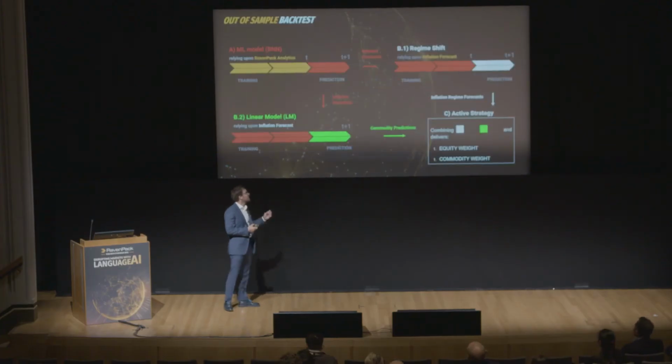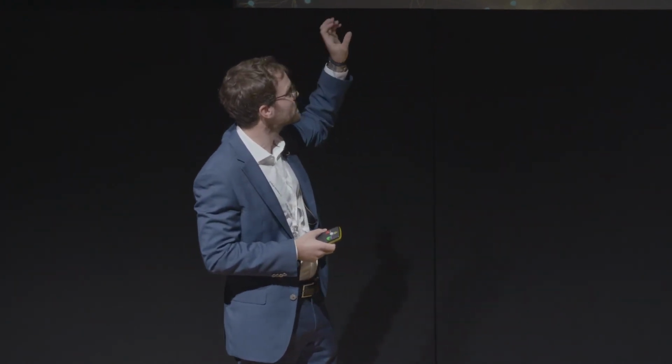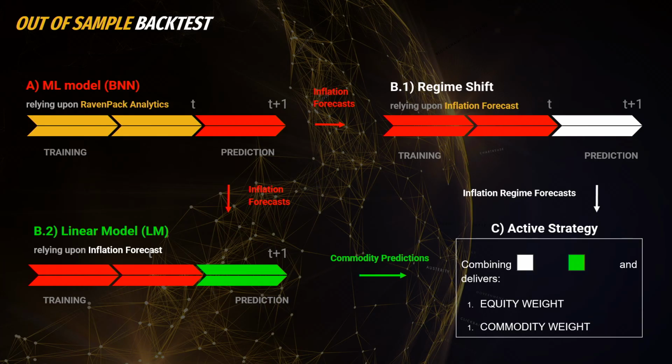And what we did, we created a model. It's a Bayesian neural network model that uses RavenPack analytics and macroeconomic data together. And it produces a forecast for the next figure of inflation. Then, using models B1 and B2, we define our strategy.